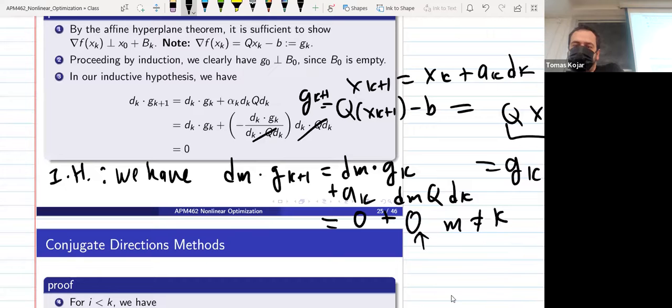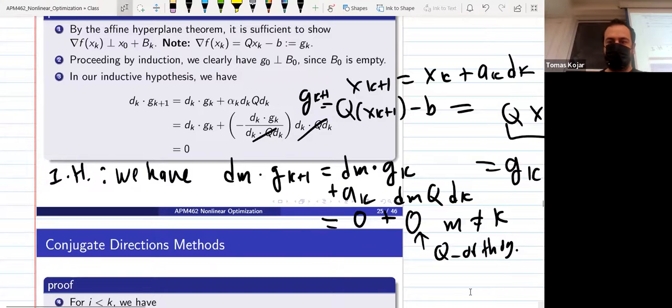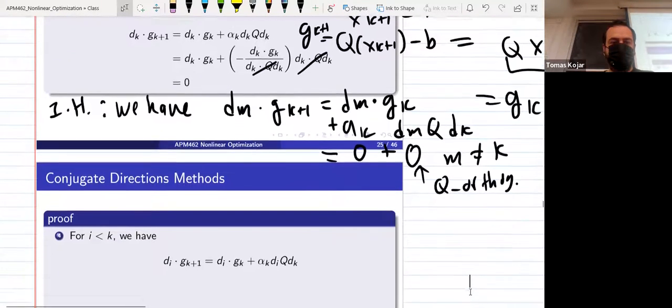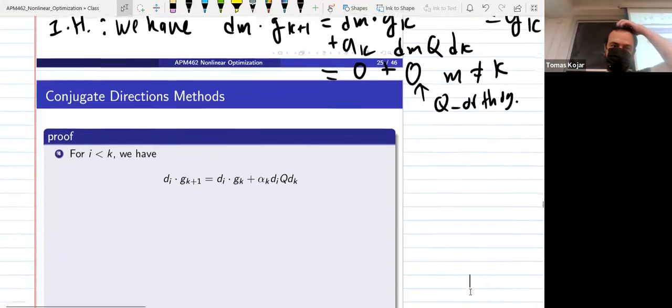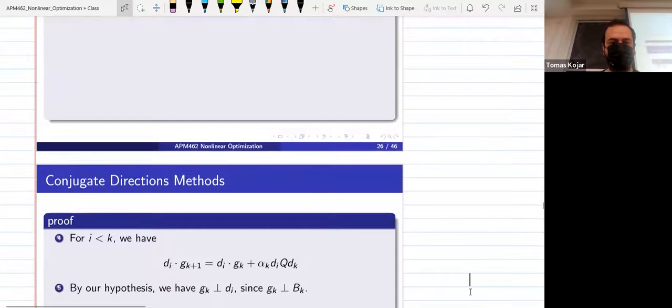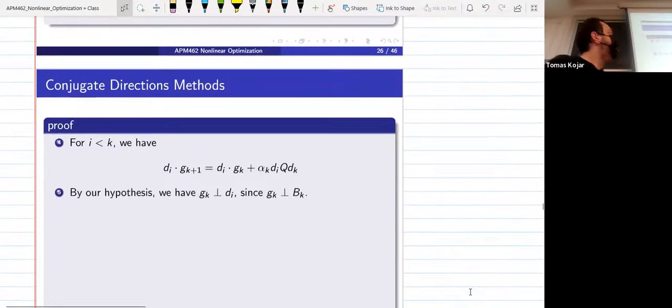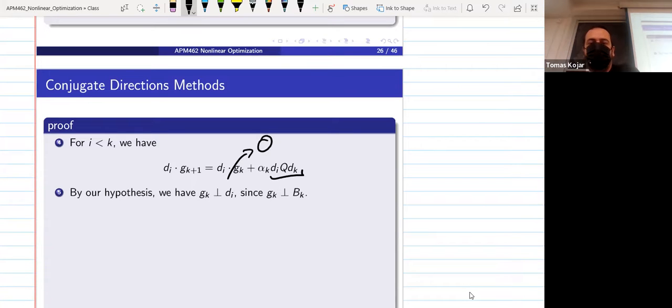The second one is by Q orthogonality. So that's how we use the induction and the orthogonality. All right, good so far. Let's keep going. For the ones less than k, like we just talked about, this guy is 0, so this guy is dead. And here we use orthogonality.